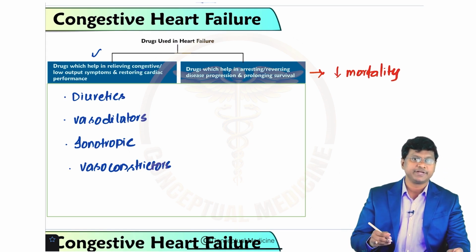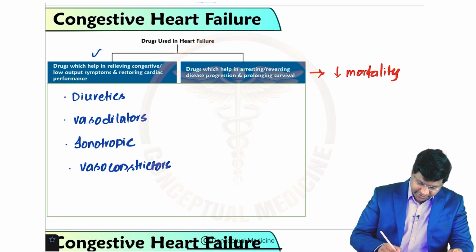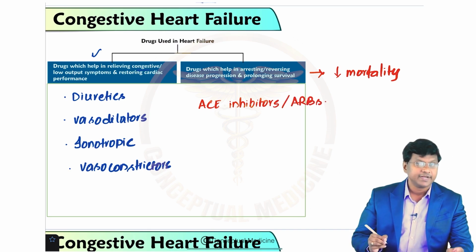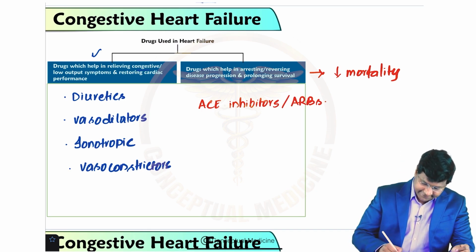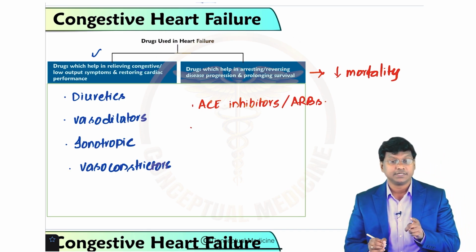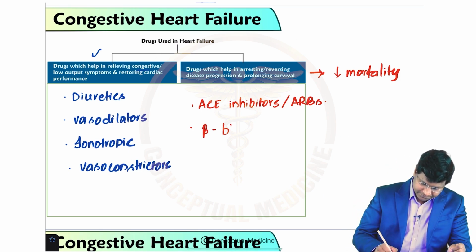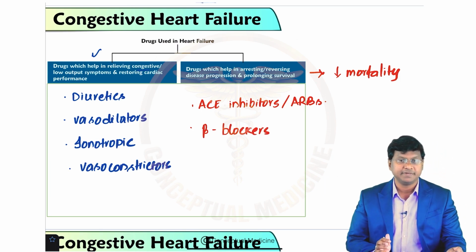These drugs which will reduce the mortality are the ACE inhibitors or the angiotensin receptor blockers, right? And the second group of drugs are the beta blockers.